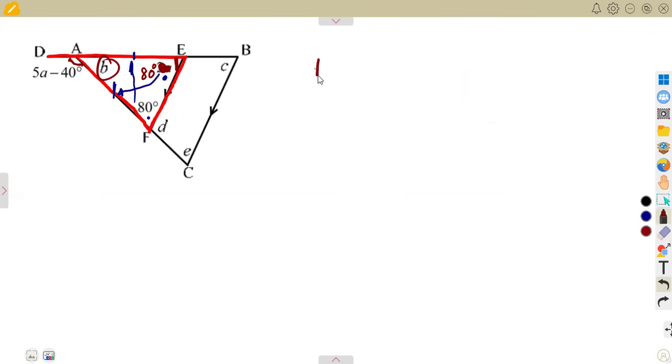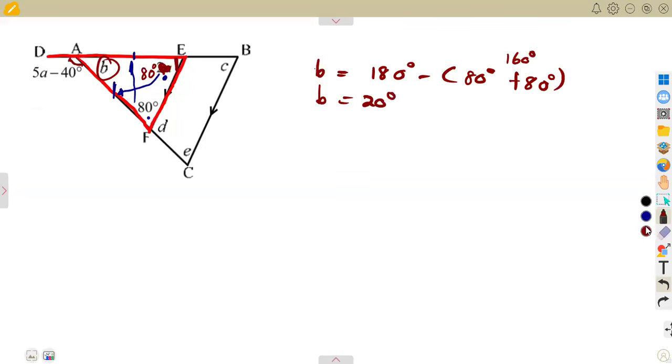It's up to you. So angle B is 180 degrees minus the 80 and the 80 using angles in a triangle. Remember that angles in a triangle add up to 180 degrees. So that is going to be 160 here. 180 minus 160 is 20 degrees.